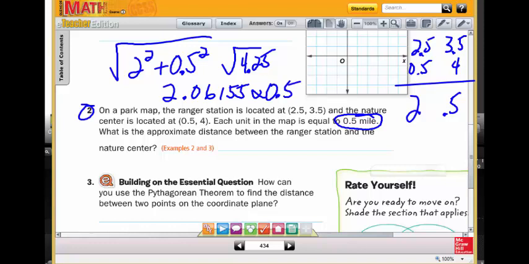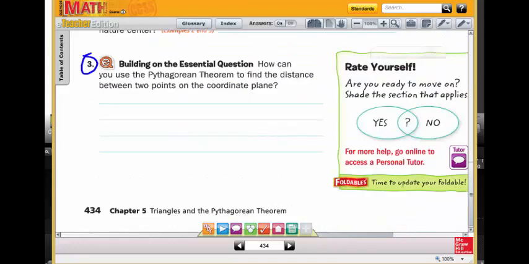And once we do that, we get 1.03077. And we're going to round that to the nearest tenth. So for problem number 2, we would have just this here, 1.0 miles.